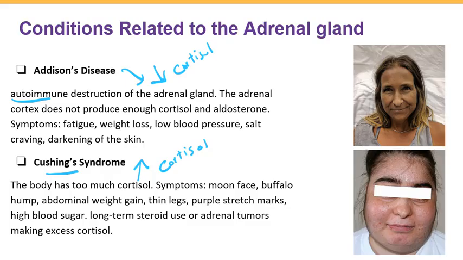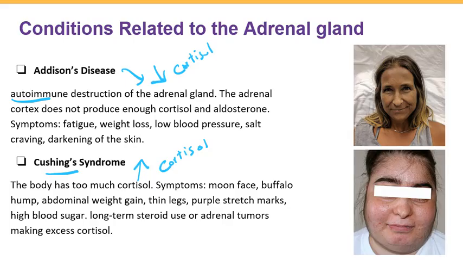Symptoms include moon face or round face. Fat accumulates on the upper back, which is called buffalo hump, along with abdominal weight gain, thin arms and thin legs, purple stretch marks, and also high blood pressure.